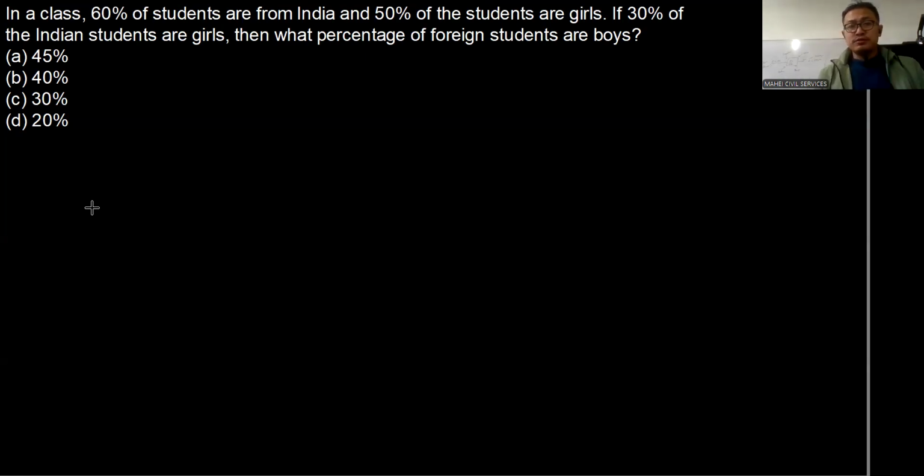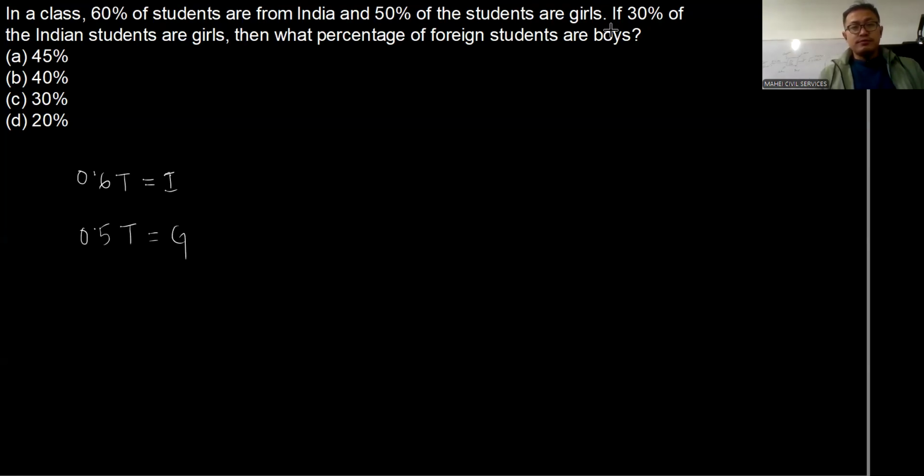60% of students are from India, so 0.6T is the total number of students from India. And 50% of the students are girls, so 0.5T are girls.